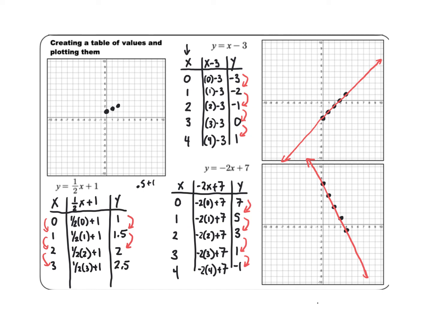So I would have 3, 2.5, and then a 4. And we can guess that that's going to be 3, right? 2 plus 1. And so from here we have our line, connecting all the dots.